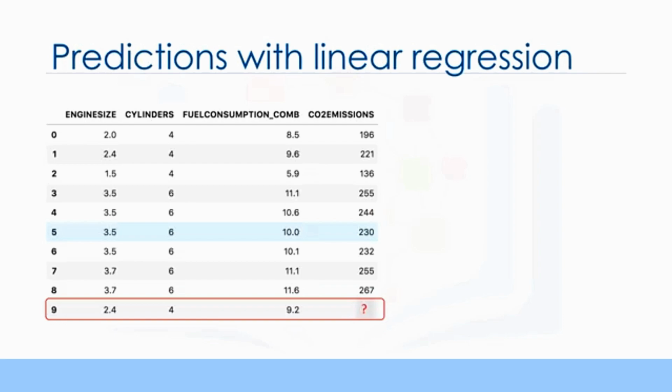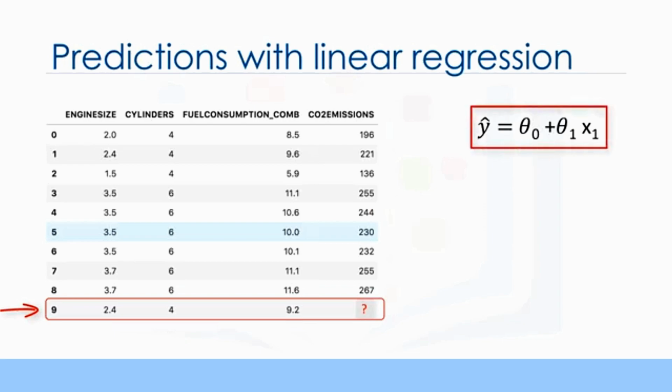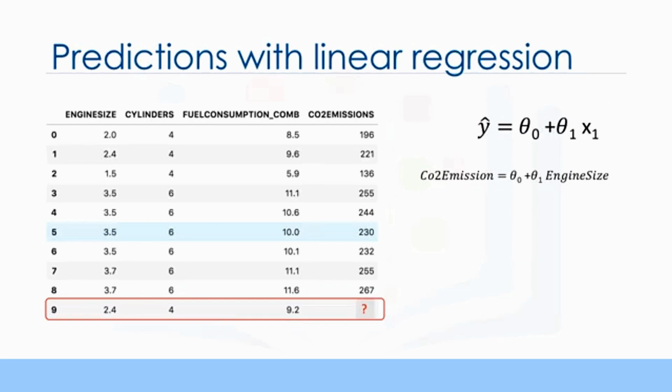Imagine we are predicting CO2 emission, or Y, from engine size, or X, for the automobile in record number 9. Our linear regression model representation for this problem would be y hat equals theta 0 plus theta 1 x1. Or, if we map it to our data set, it would be CO2 emission equals theta 0 plus theta 1 engine size. As we saw, we can find theta 0, theta 1 using the equations that we just talked about.